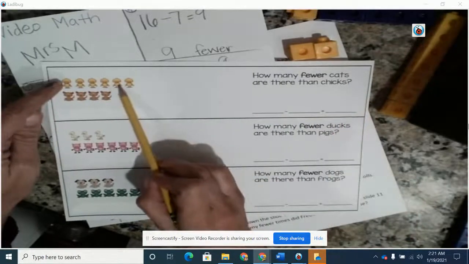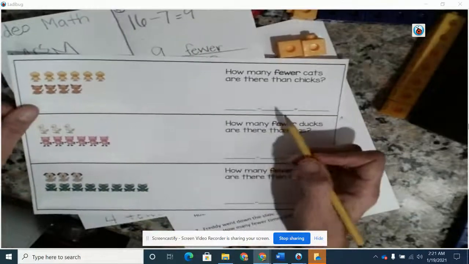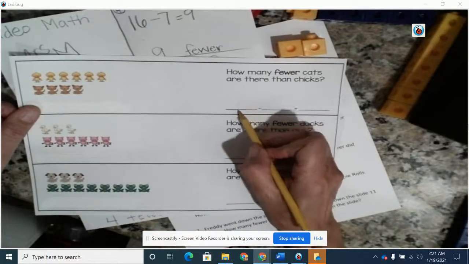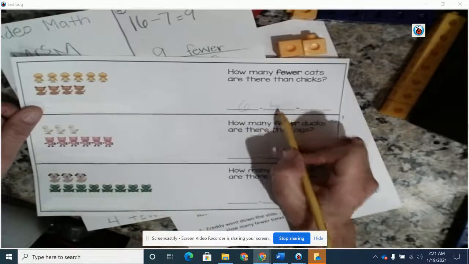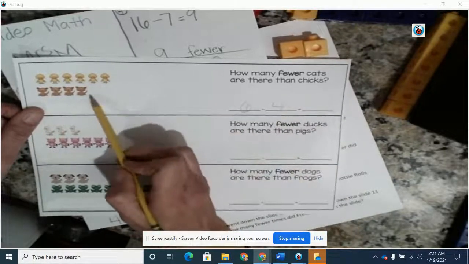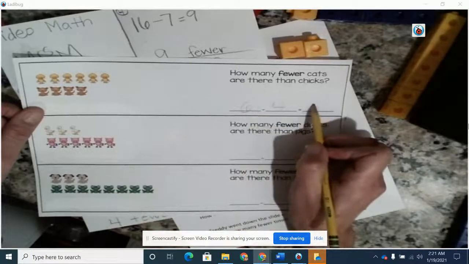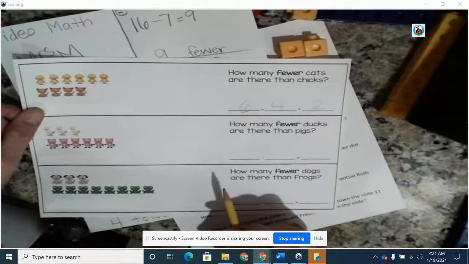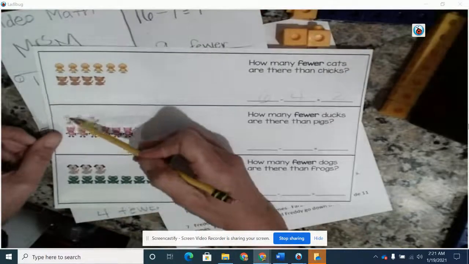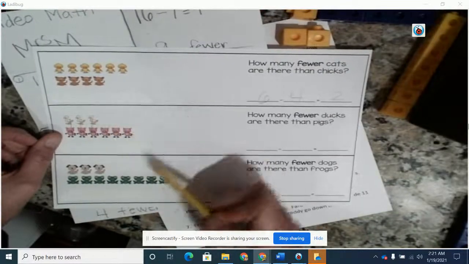Well, here's my chicks, here's my cats. So this is what that would look like, right? I would have 6 chicks because that's the biggest number. Take away 4 cats. And then the ones that are not matched up would be, how many fewer do I have? 2 fewer. Okay. And these match up, but those don't.